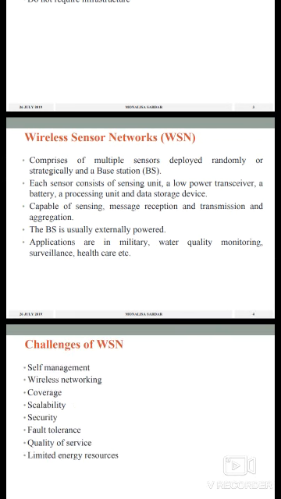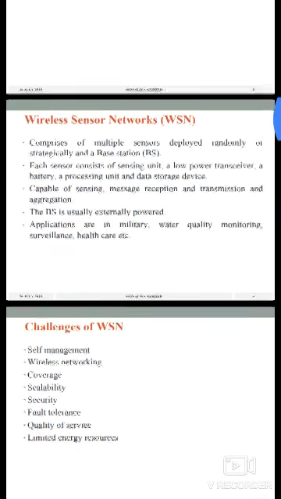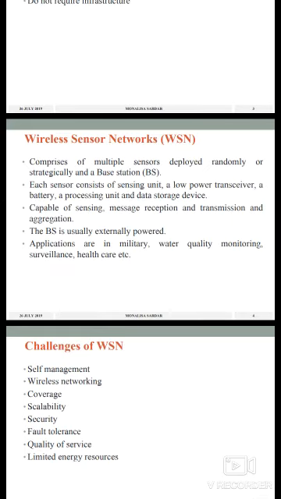So, a wireless sensor network is basically a kind of wireless ad hoc network, and it comprises sensors deployed randomly or strategically and a base station. And sensors are small devices which are used to collect data or sense the environment, so that the data can be used for certain scientific purposes or for research.